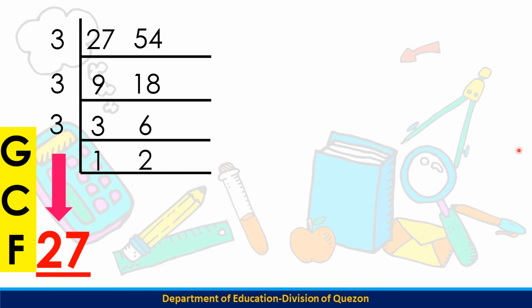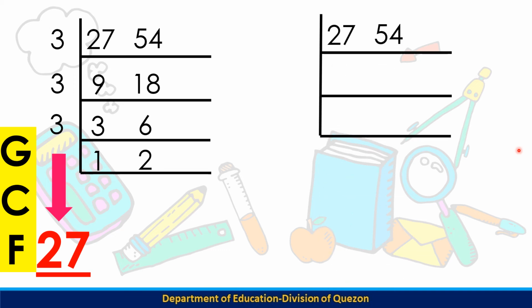Now, let us proceed to LCM. Same process of continuous division. We have 27 and 54. The divisor is also 3, 9 and 18 is the answer. The divisor of 9 and 18 is also 3. 9 divided by 3 and 18 divided by 3 is 3 and 6.